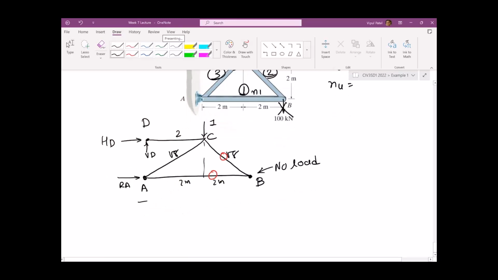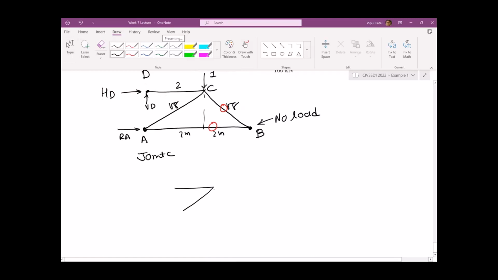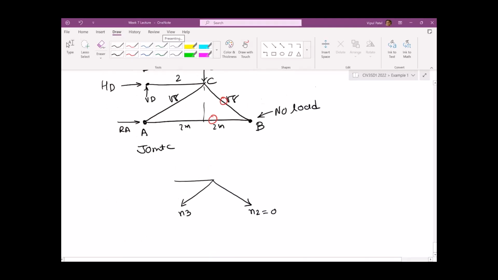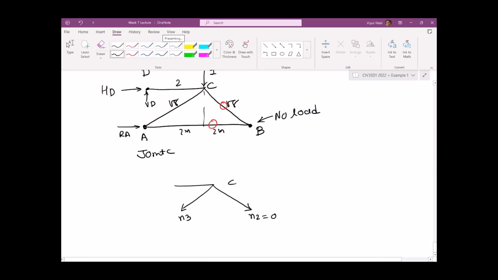Then if I use joint number C, we have this, right? This one is N3, I think this is N2, and that is 0, and that is joint C, and there is a 1 here, and this one is N4.